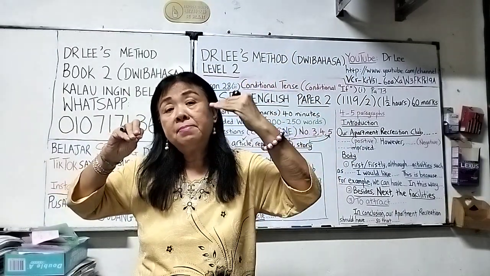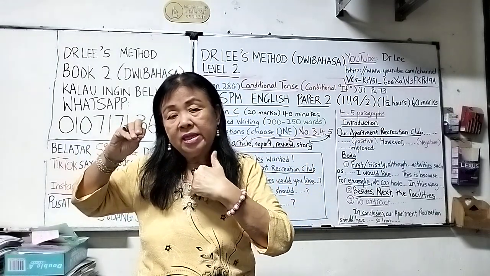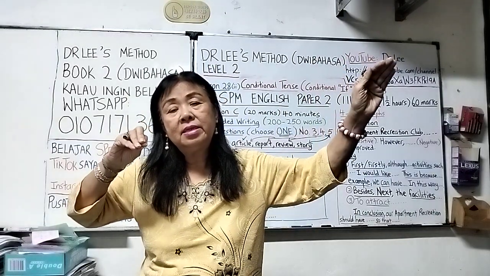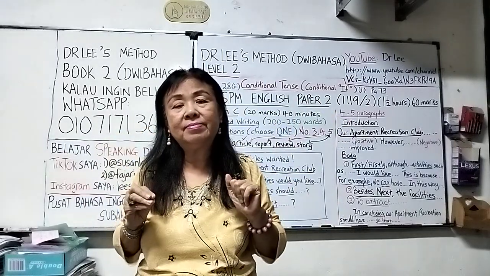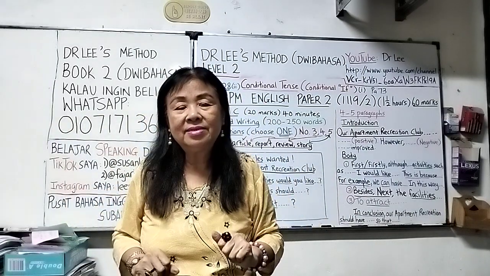When the examiner marks my paper, it is discovered that from the time I wrote 251 words until my 300 words, I made another 5 mistakes, never mind. So in total, 10 mistakes.